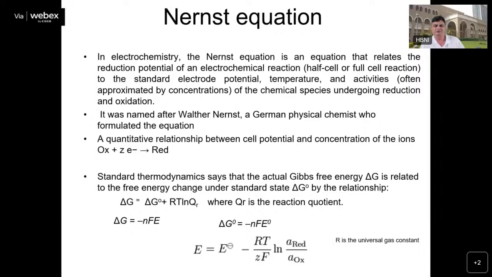Then putting delta G equal to the standard Faraday equation and equating the two, we get this relation, the Nernst equation, which relates the electrochemical reaction to the standard electrode potentials. These are the activity of the reduced species and the activity of the oxidized species, and R is the universal gas constant.